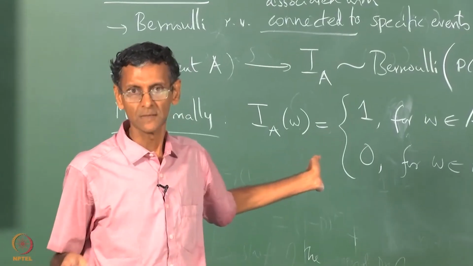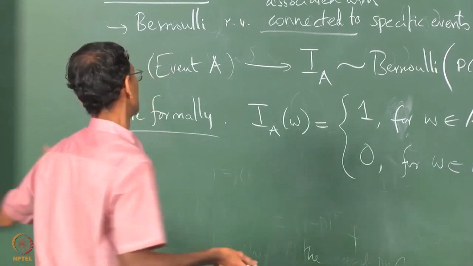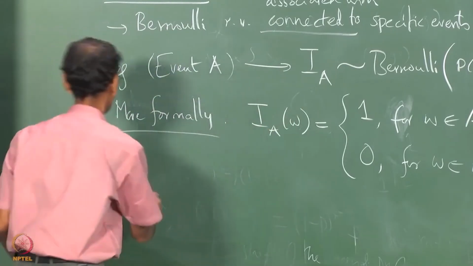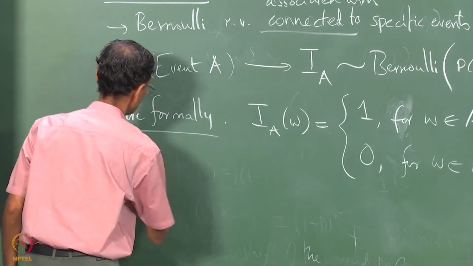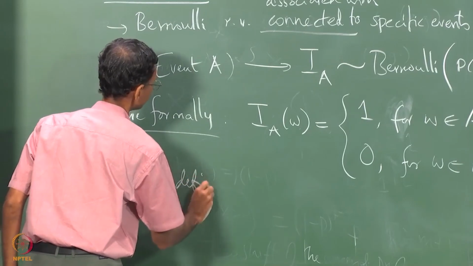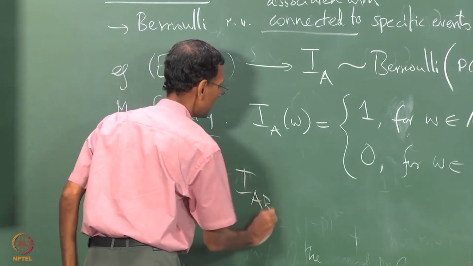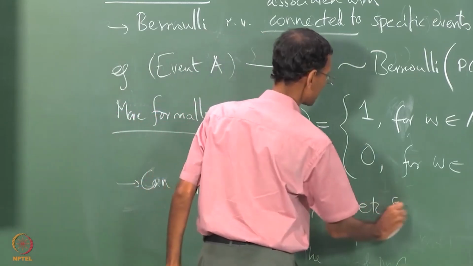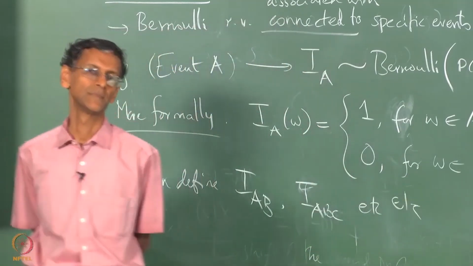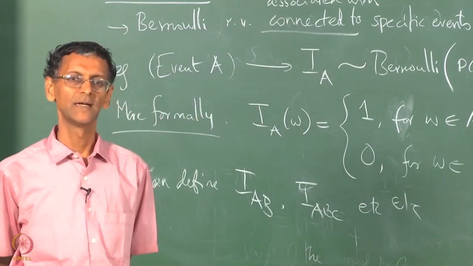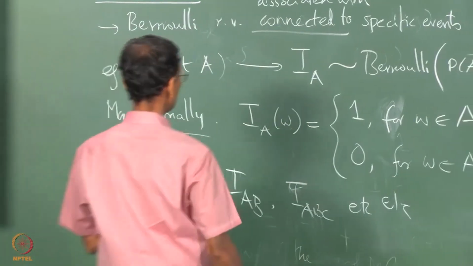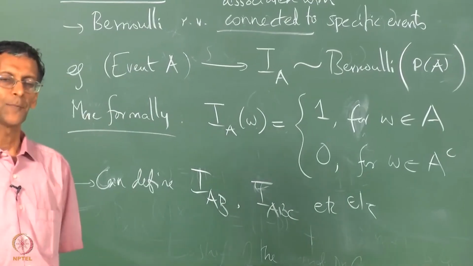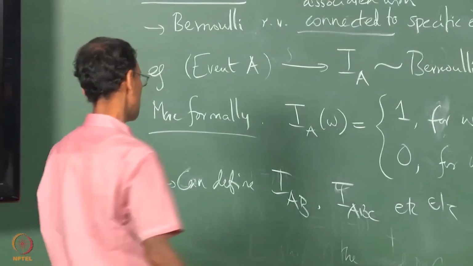You can define indicators for any event you want, I_AB, I_ABC, etc. That is the power of the indicator, that they can be defined for just about any event you wish, and then there is a lot of manipulation you can do.